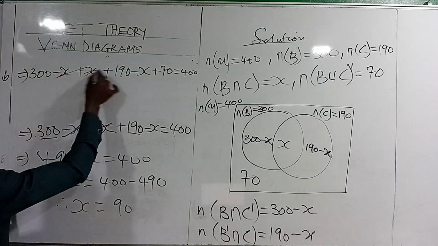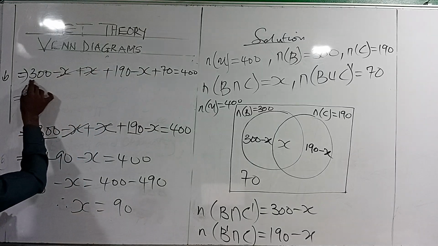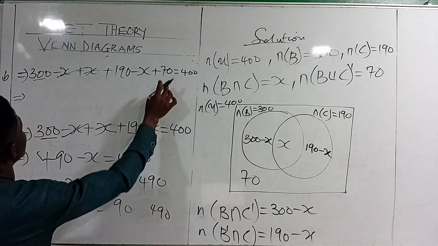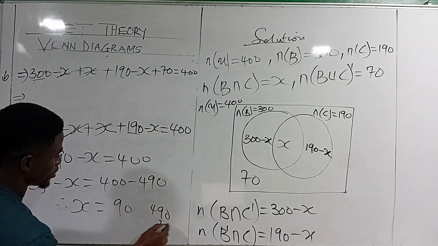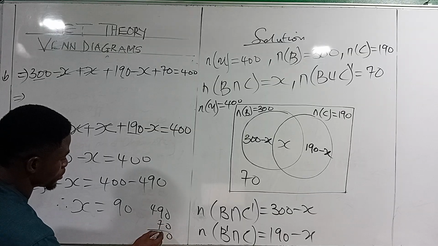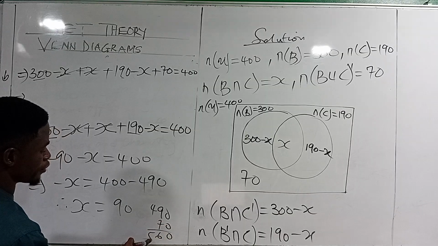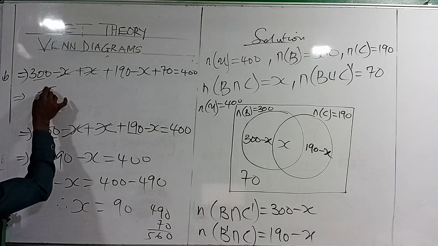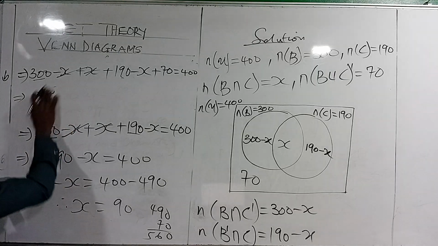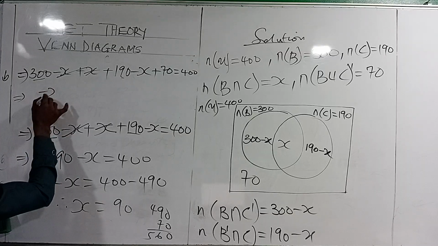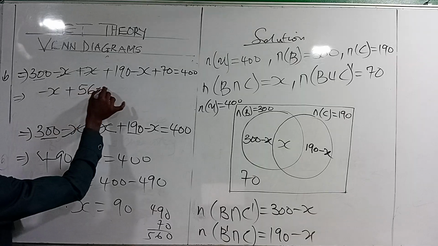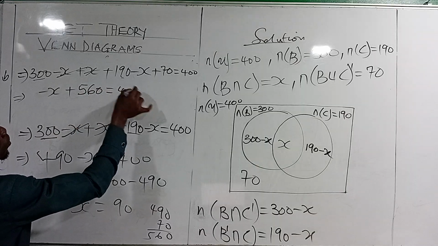So this X we cancel out. When you add this together, it will give you 490. Then add the 70 together, we have 560. So we have minus X plus 560 equals 400.